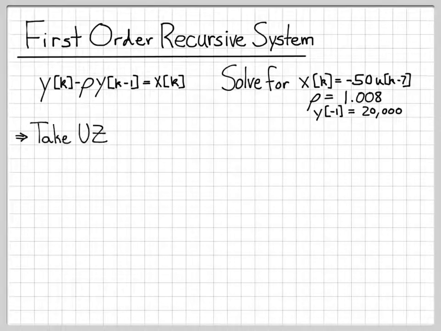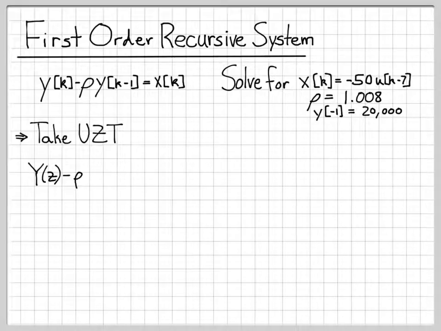So the way we're going to do that is we're going to take the unilateral z transform of the difference equation, take the UZT. So term by term, we can take the UZT of this difference equation. Y of k turns into Y of z. And then we have minus rho. Rho is just a constant number. Now I need to take the unilateral z transform of y of k minus 1.